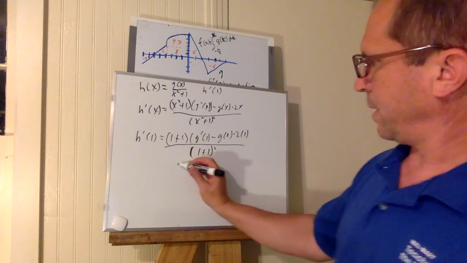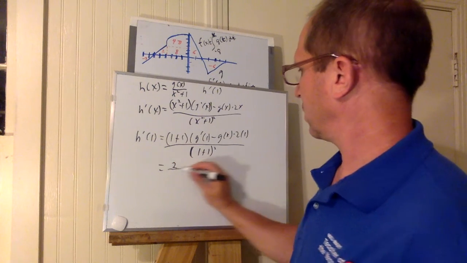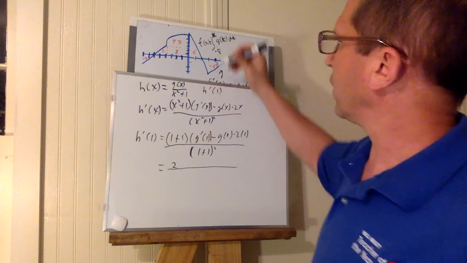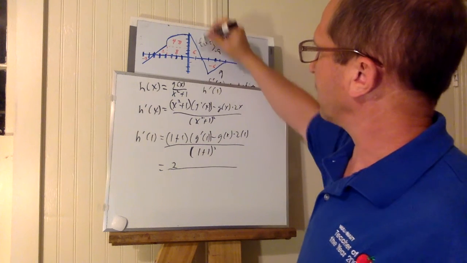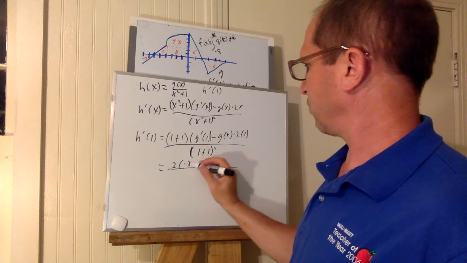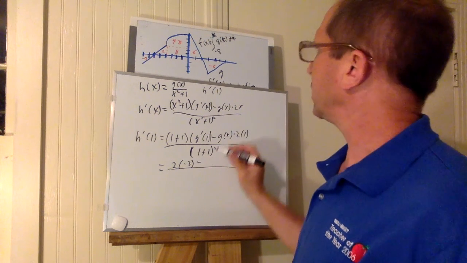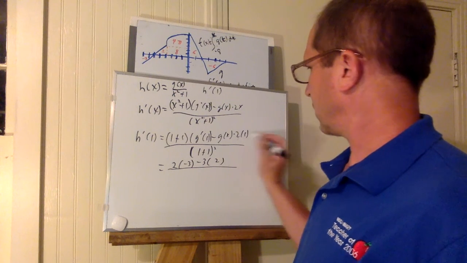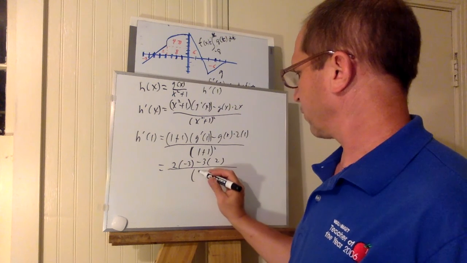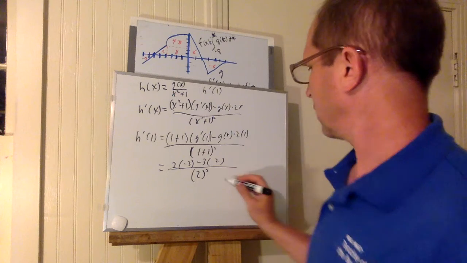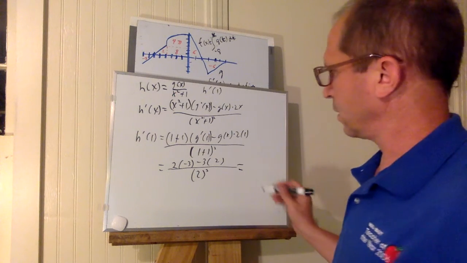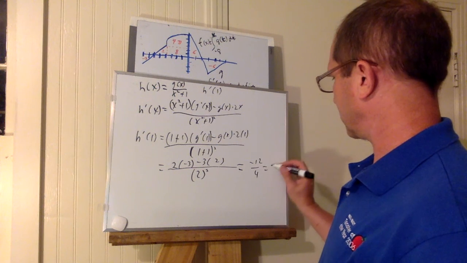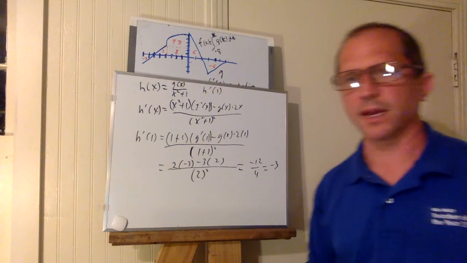All right, so this would be 2 times, g prime of 1, we have a slope of negative 3 right there, so it's 2 times negative 3, minus g of 1, and g of 1 is positive 3, and then times 2 times 1, and this is over 2 squared. So from here, we get negative 6 minus 6, so it's negative 12 over 4, which is negative 3. And that ends this problem.